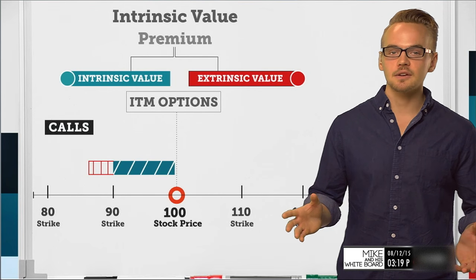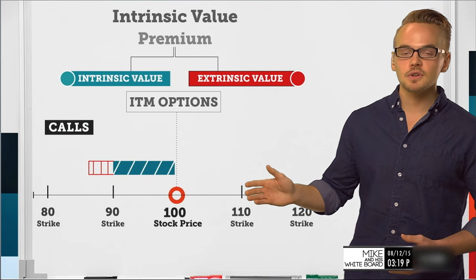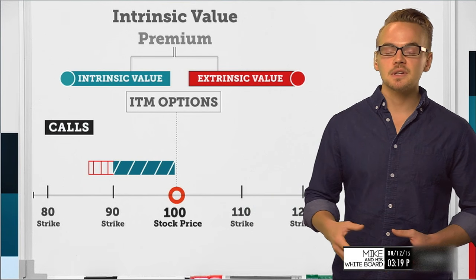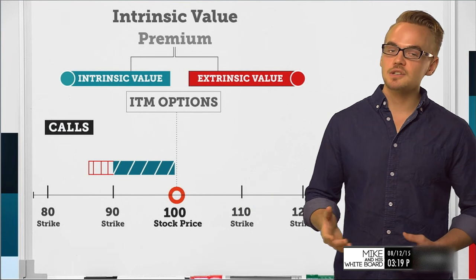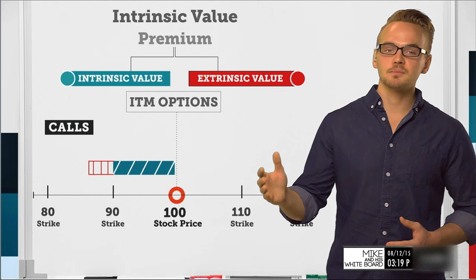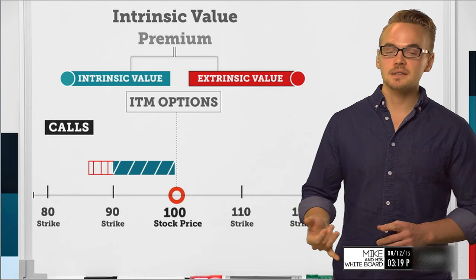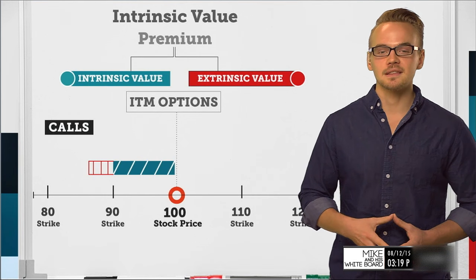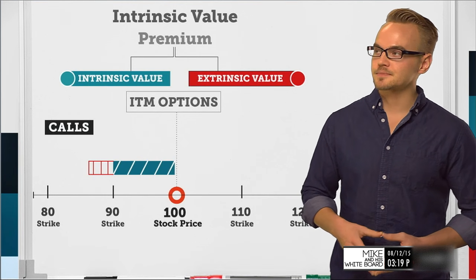That can always be calculated, but when you're looking to trade it, it's going to be trading for more than $10. That's because you have different aspects of extrinsic value that give it an extra buffer of premium. That's going to be time and volatility value. But again, we'll get into that tomorrow when we take that deep dive into extrinsic value.